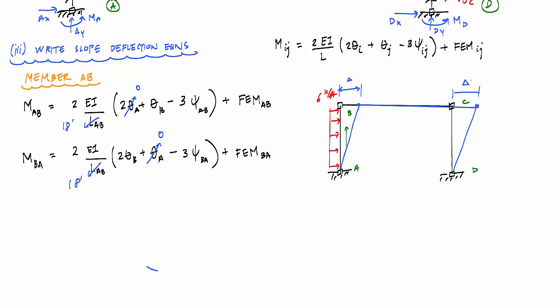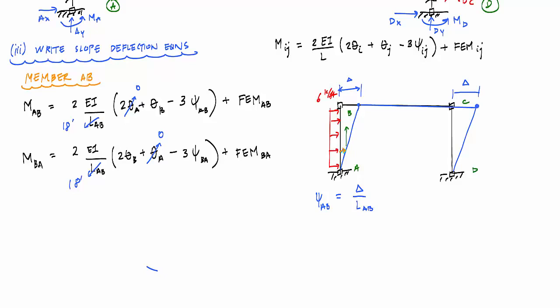And if I look at member AB, from the point of view of A, member AB rotated clockwise, and that would say that this chord rotation, psi AB, because it's clockwise, is considered positive, and is equal to delta over LAB.